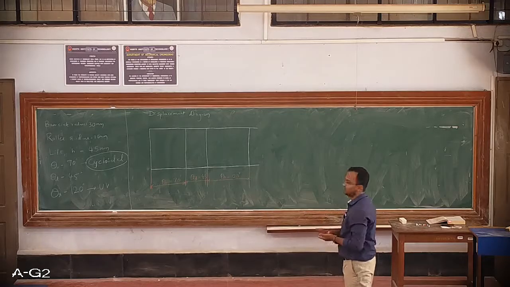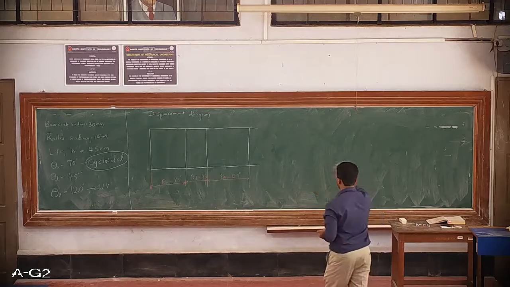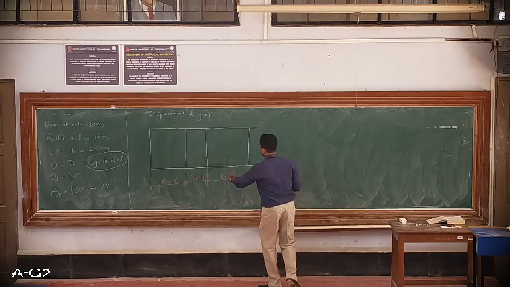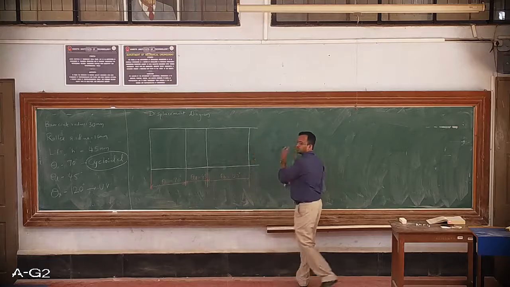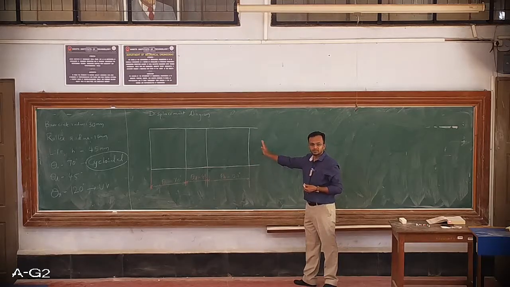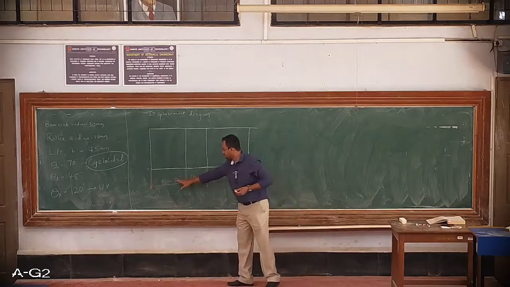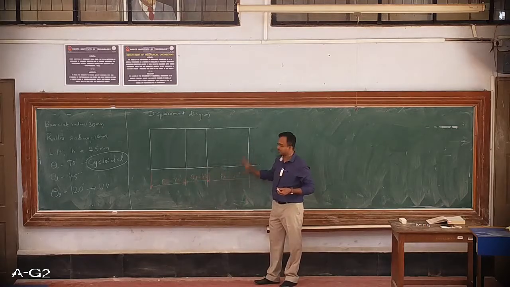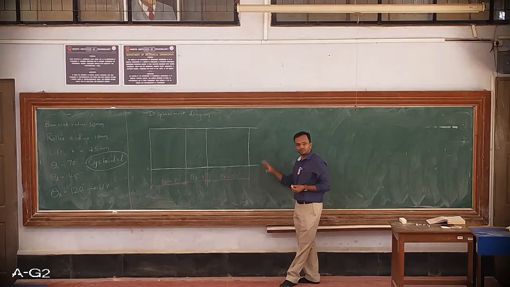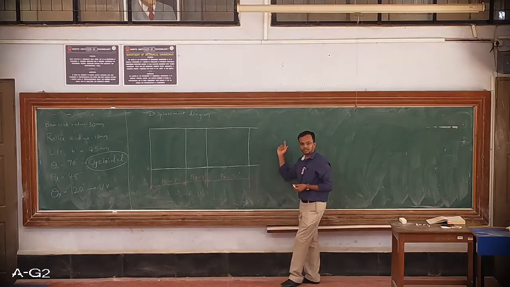I hope it is clear till this step, because these are the common steps. After marking rise, dwell and return stroke, the remaining portion will be again dwell period. How I am concluding the remaining portion is dwell period is, if you add these, it will not be equal to 360. That means there is still some degree of rotation left, which will be dwell period, and we are not concerned about the remaining dwell period in the cam profile.